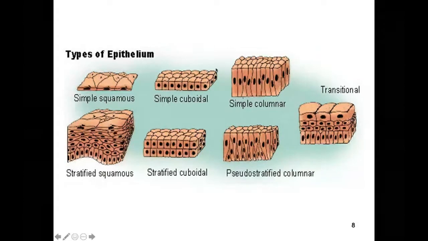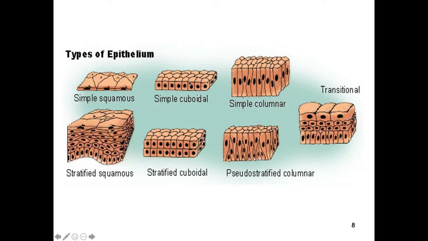So when we see a bunch of cells held closely together like we do here in all of these examples, that is classical of epithelium, because connective tissue, the second type of tissue we'll get into, looks very different. Connective tissue has cells that are not closely packed together.